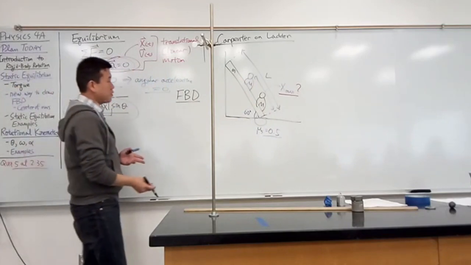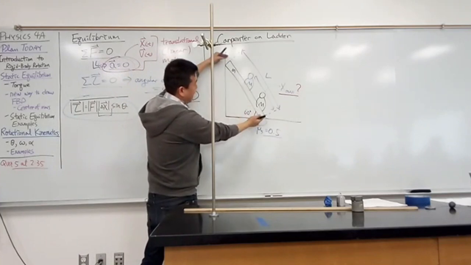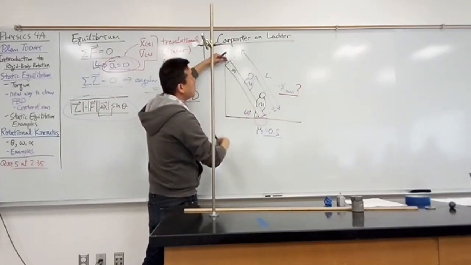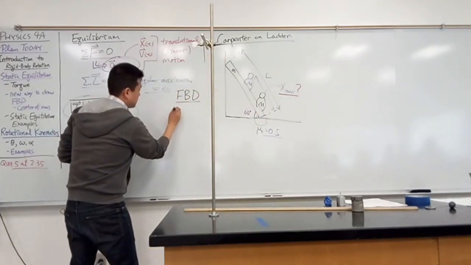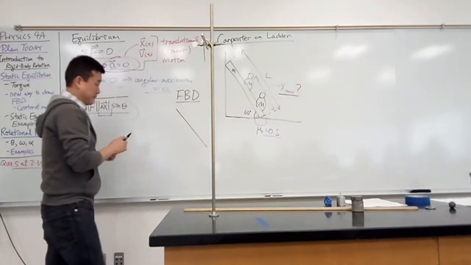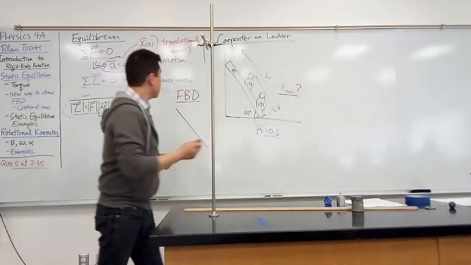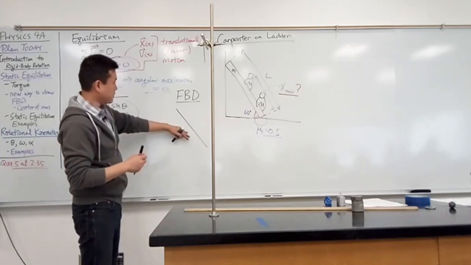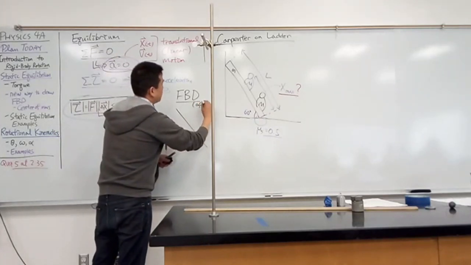So the way I'm going to represent this ladder is as a long line with the same length as the ladder, so that I can indicate the positions where the forces are acting. So I have to start identifying the forces. Free body diagram of the ladder.